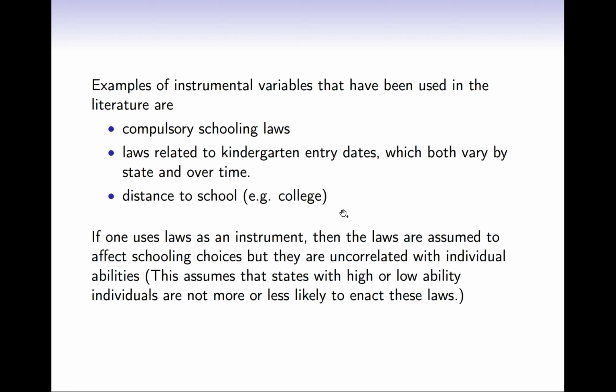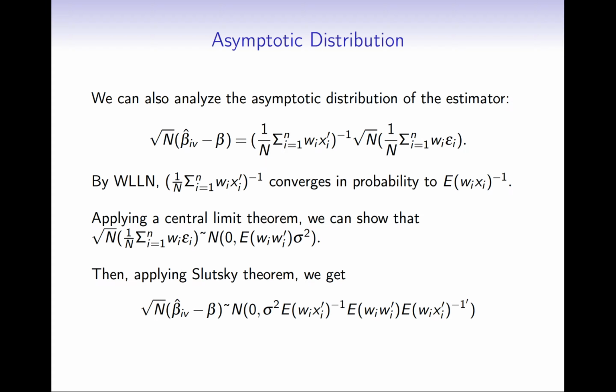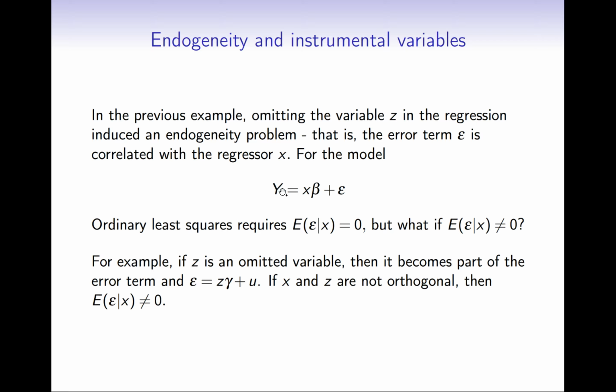And then some studies have used distance to school. They usually use something like distance to community college, you know, that might affect whether you go to college. Because in this model, we're really assuming the returns to schooling is linear. That may be an assumption that's not so good, but we're saying for every year of schooling, usually Y is log earnings.